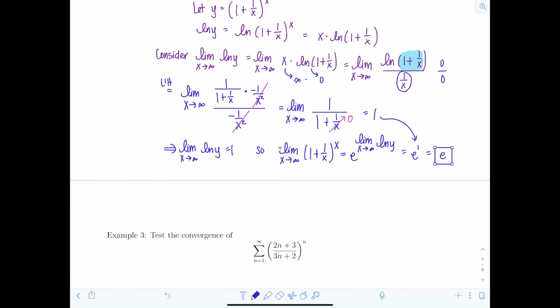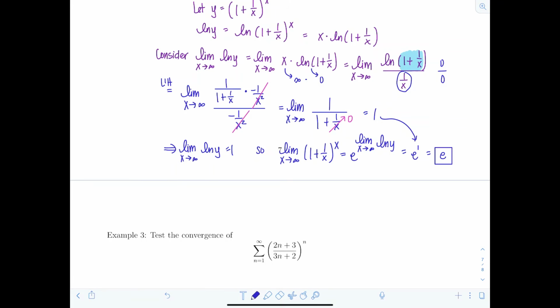Okay? So basically, at the end of this whole process, when you take the natural log, in order to evaluate the limit, whatever result you get, you just have to take e and raise it to that power to get back the limit for the original expression, okay? So there you go. You may need to apply that for some of your other applications involving the root test.